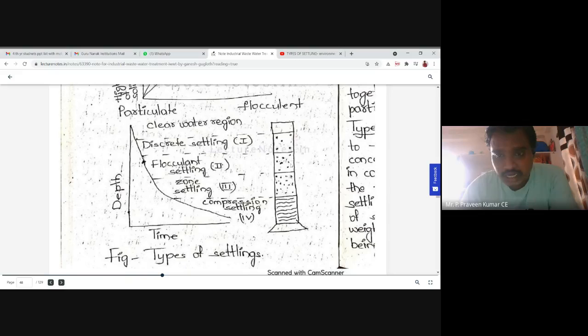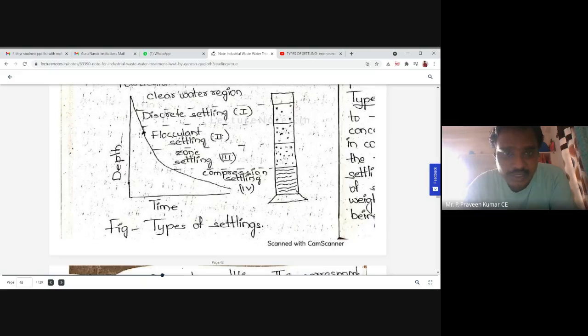Okay, I am showing a diagram about these four different types of the particles which will be settled in the sedimentation tank. Right. The first type is nothing but the discrete settling, and the second type, which comes under this wastewater treatment, the particles which will be settled under this second type will be named a flocculent settling. Will be named type 2 particles. Okay.